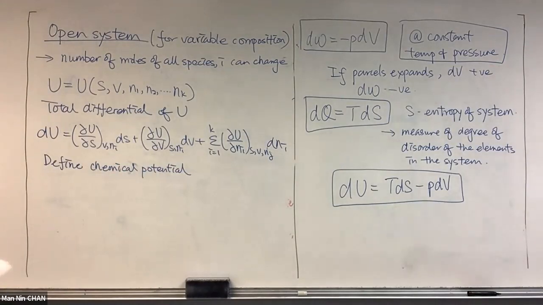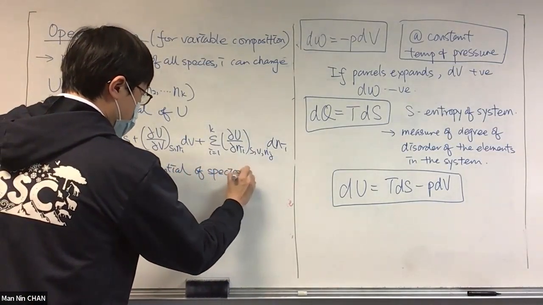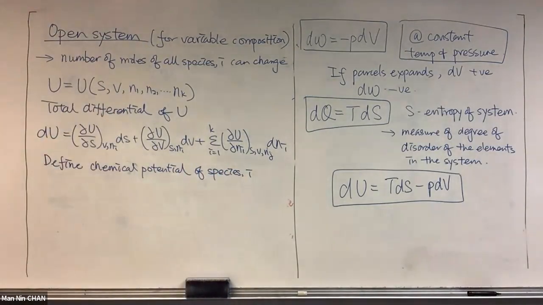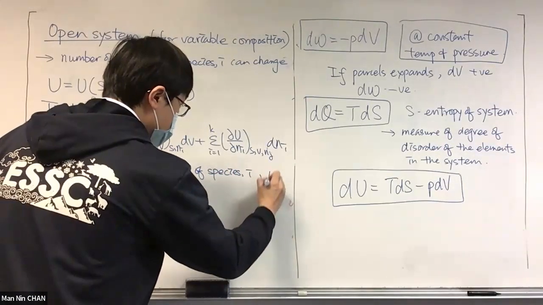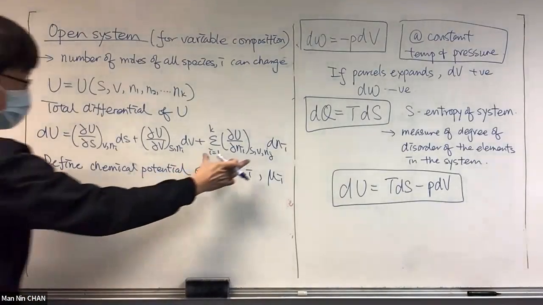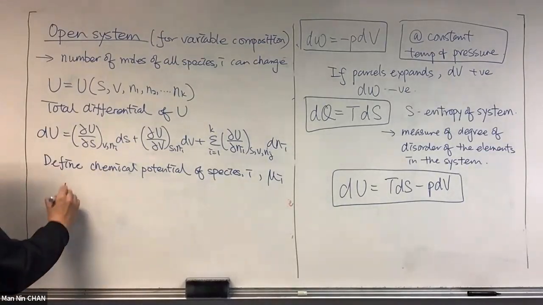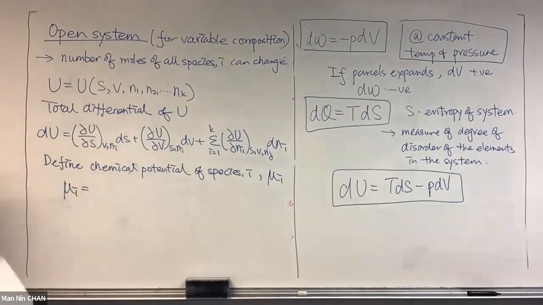Let's say we define the chemical potential of a species i, and we give it the name mu i. We define this term as the chemical potential of your species i.